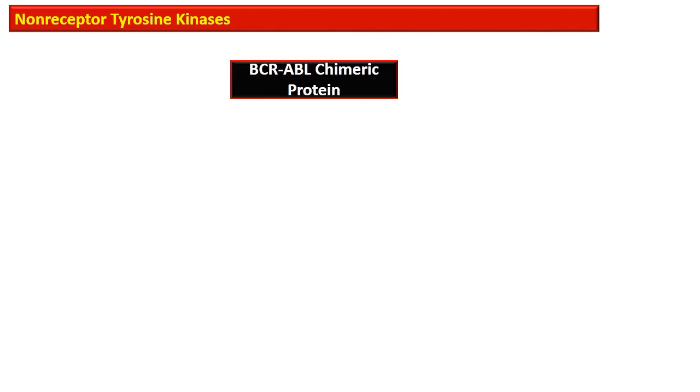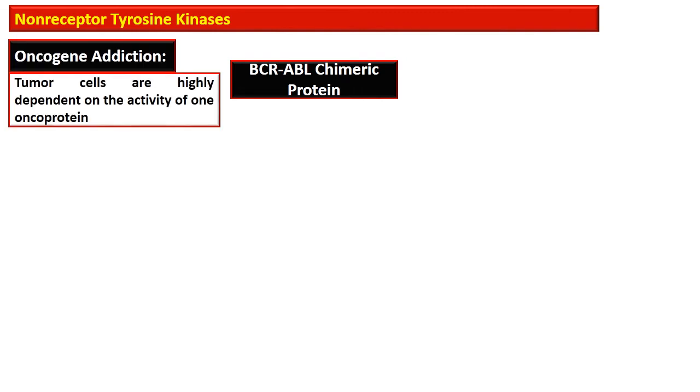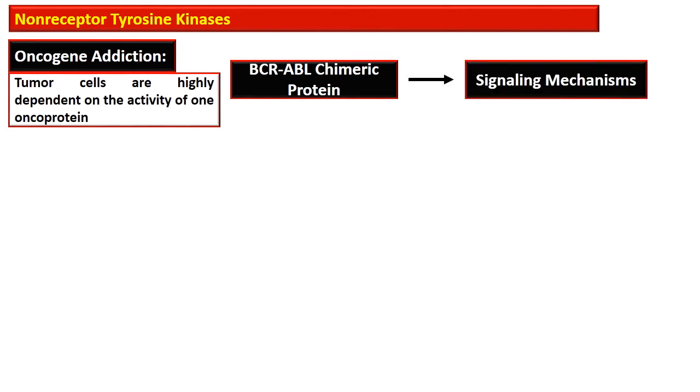The BCR-ABL chimeric protein is the characteristic of chronic myeloid leukemia, and in this chronic myeloid leukemia, this chimeric protein is responsible for the activation of all the signaling mechanisms. This is an example of oncogene addiction, which describes that tumor cells are highly dependent on the activity of one protein.